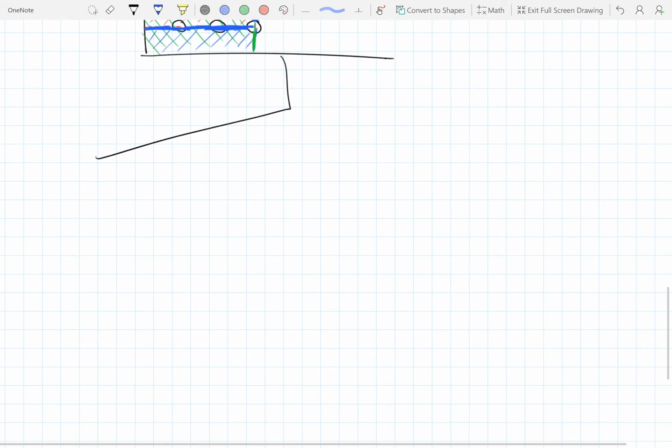Now, there is one other limit state that's a serviceability limit state, and that is slenderness. So slenderness is a much more simple check. You just take the length of your member, divide it by the least radius of gyration, and that has to be less than or equal to 300.